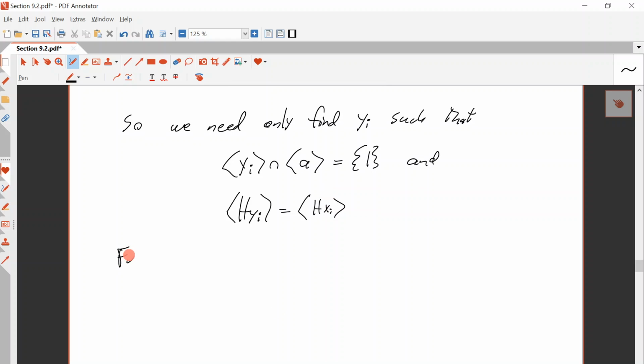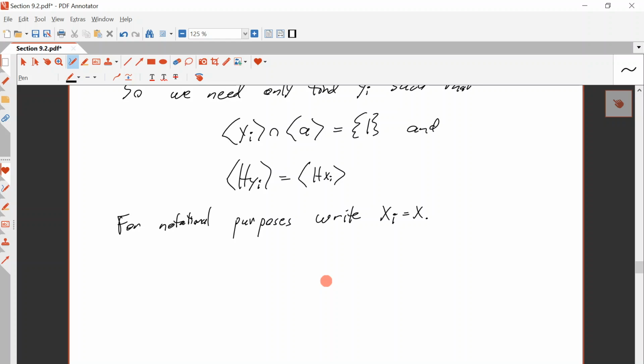So for notational purposes, write xi equal to just x. Forget about the subscript. We don't need it anymore. Okay, so it just clutters up the picture.